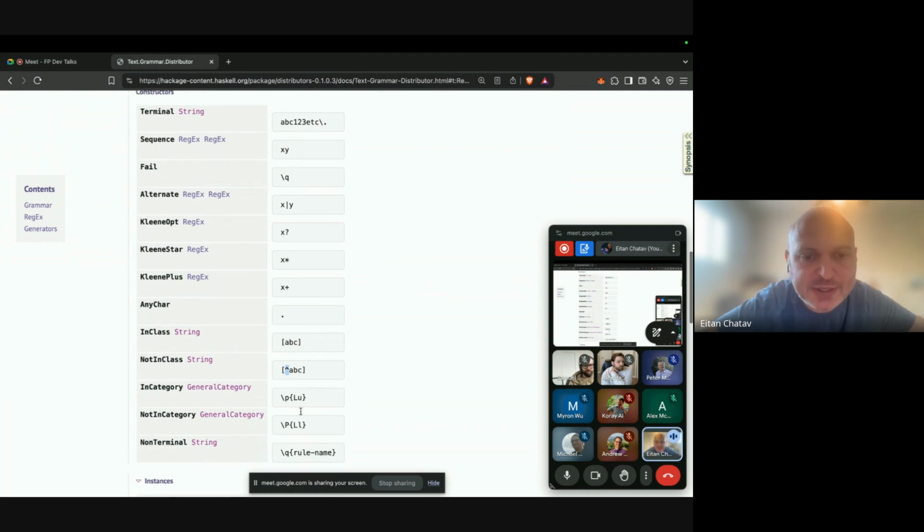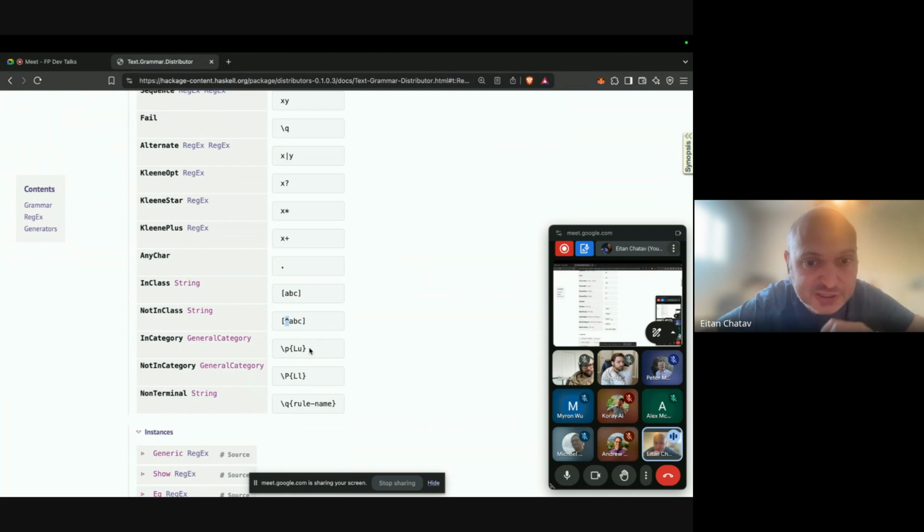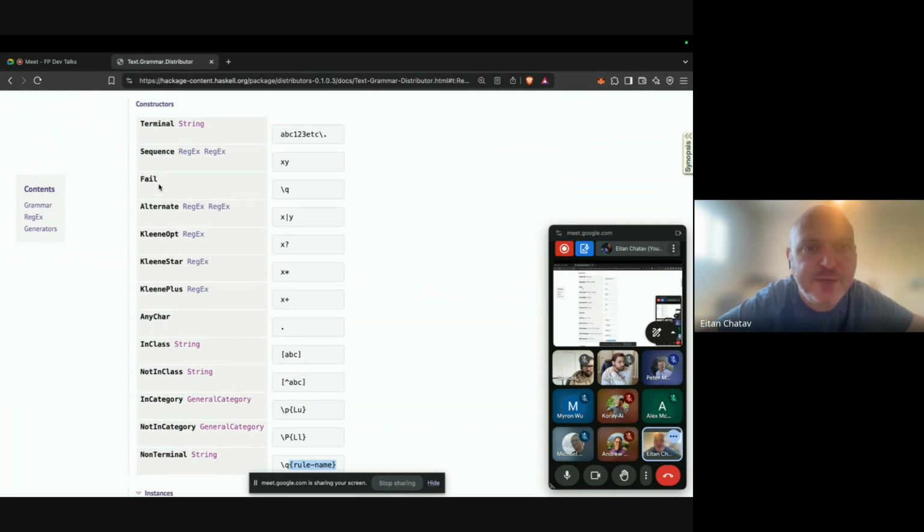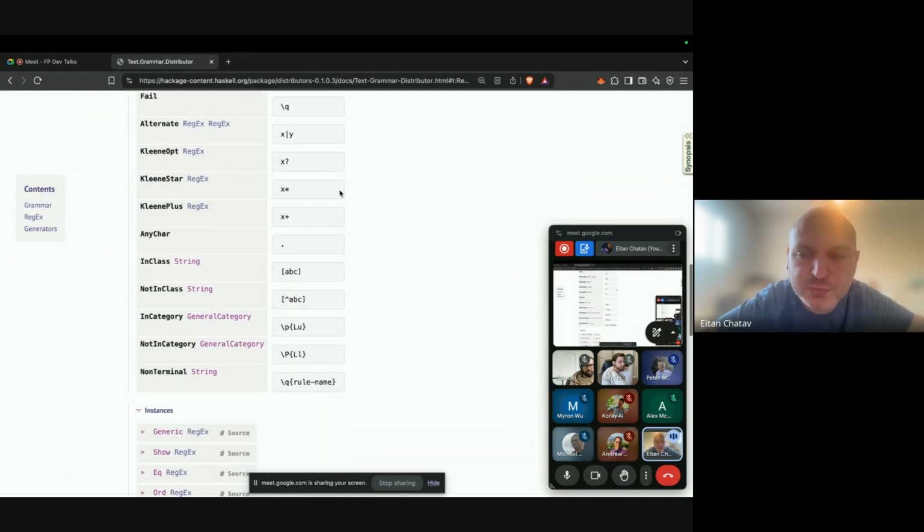And we have in category, which is \p with a category, and not in category, which is capital \P. And to that we add non-terminals, which is \q, open brace, rule name, close brace, and fail, which is just \q with no braces. And we have terminals, which are just literal strings or escaped characters.